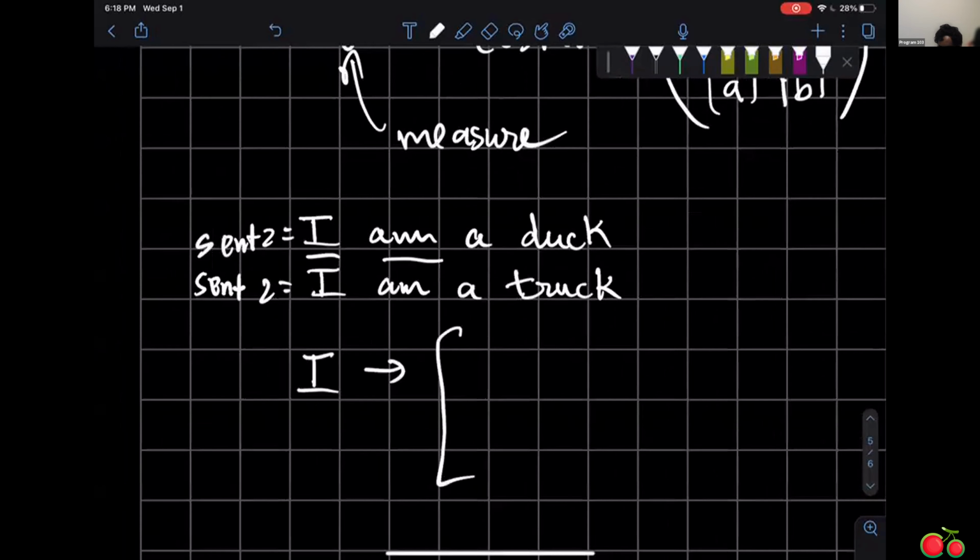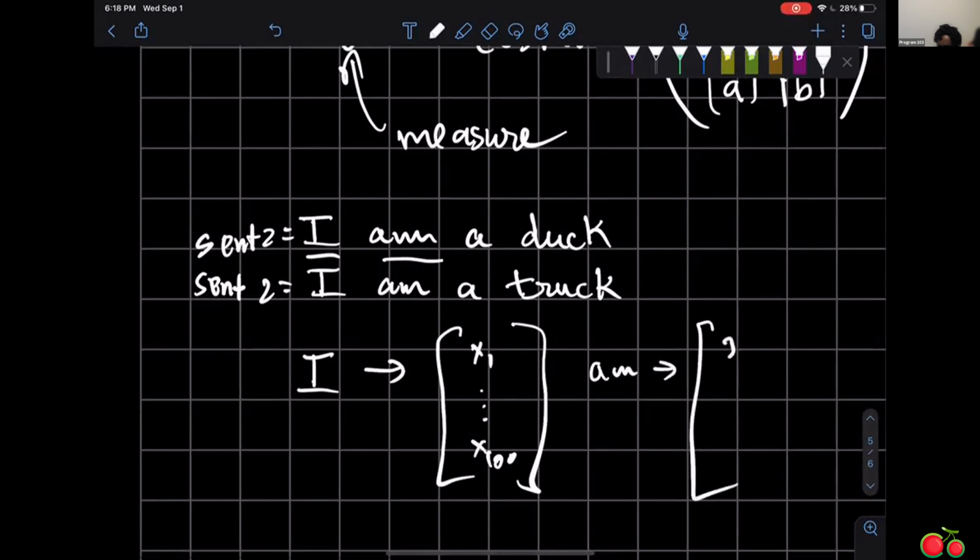So this will have a vector representation of x1 all the way till x100. Am will have a vector representation of x21 all the way till x200.